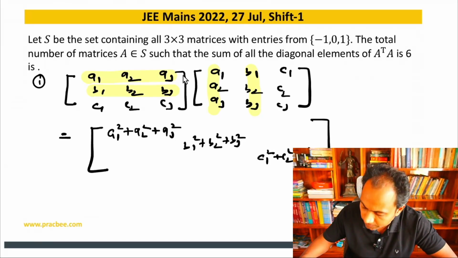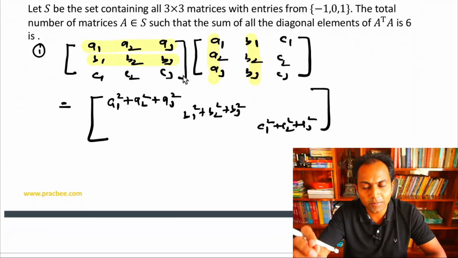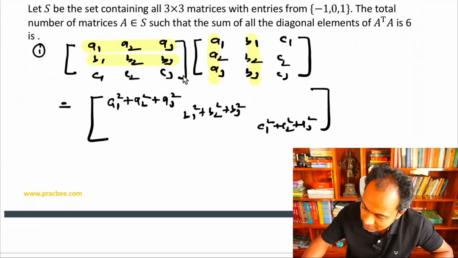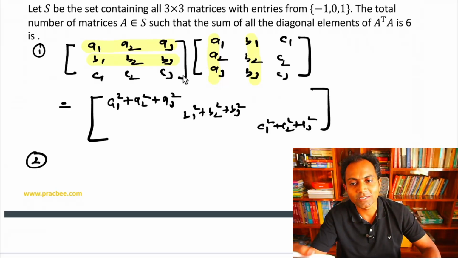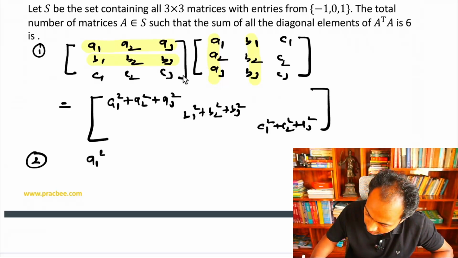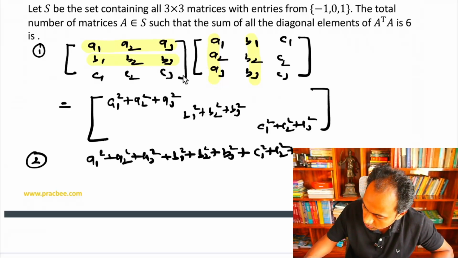This is very peculiar and will happen in all such questions involving multiplication of A transpose with A. Now what they are saying is the trace, or the sum of diagonal elements. They have not used the word trace, but they have used the concept of trace. If I add them up, A1 square plus A2 square plus A3 square plus B1 square plus B2 square plus B3 square plus C1 square plus C2 square plus C3 square is equal to 6.